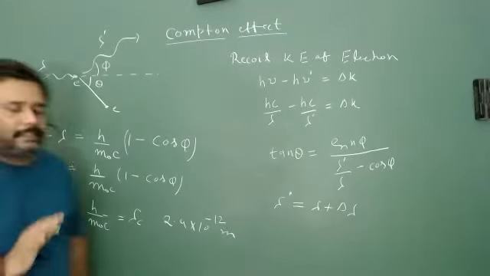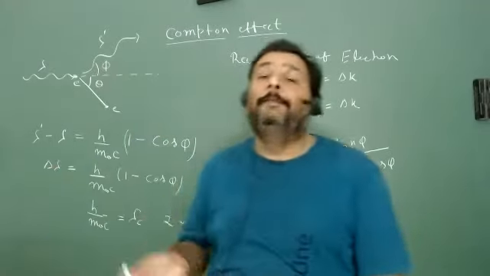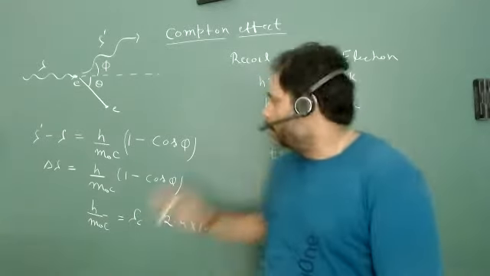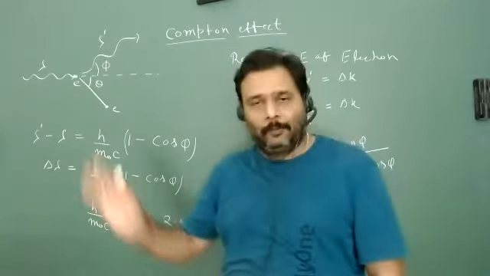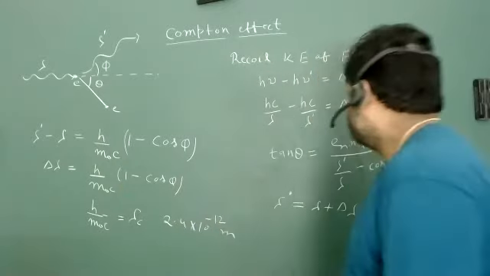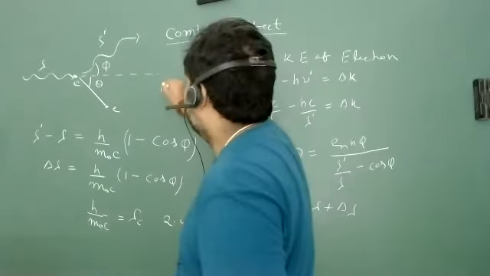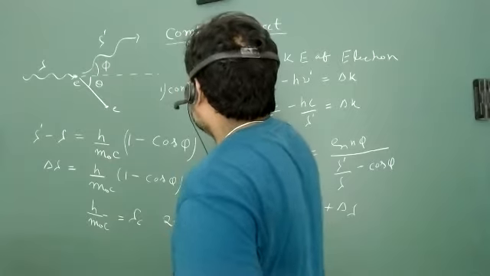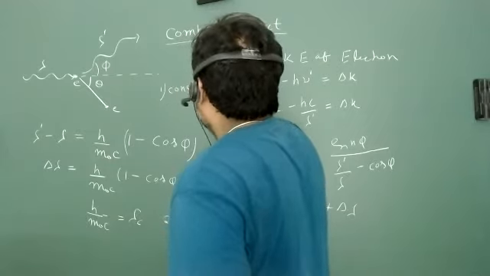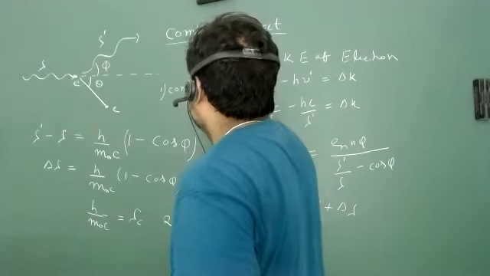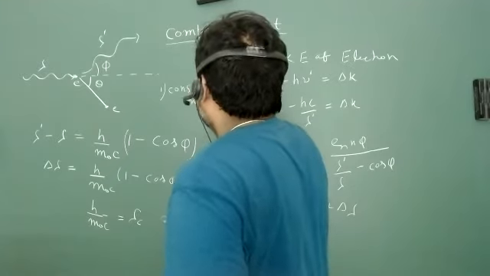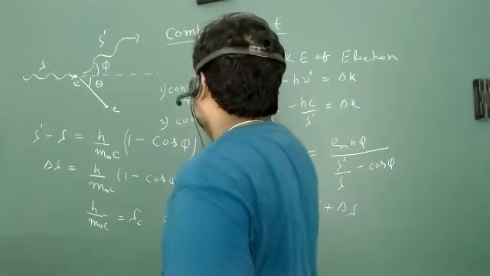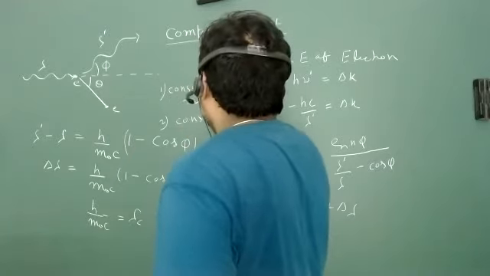Only these three formulas will be used, but sometimes you have to go with the first principle. No formula is going to work. So what is the first principle? First, conservation of momentum, and second, conservation of energy.